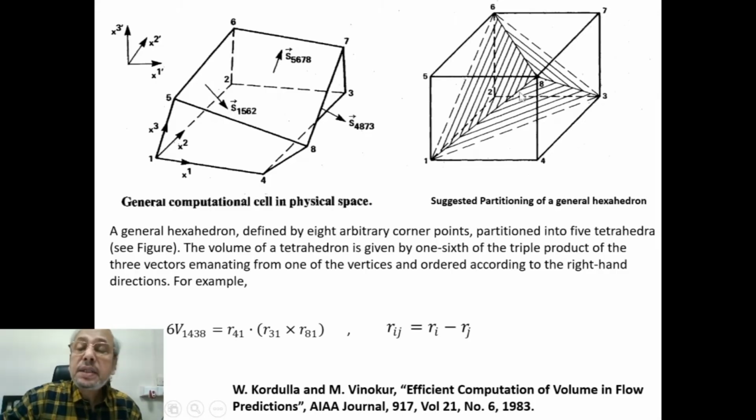It is the triple product of the vectors emanating from one of the vertices.